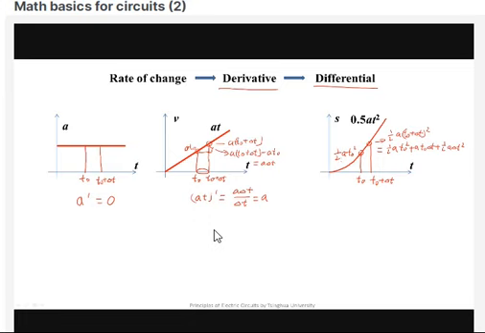Then we calculate the rate of change. From t0 to t0 plus delta t, the time changes delta t, and the rate of the function's value is this.